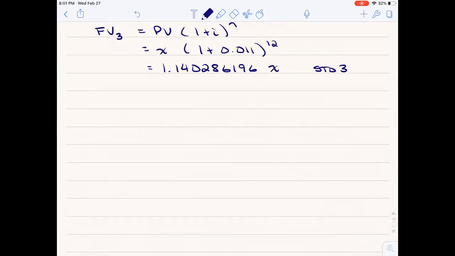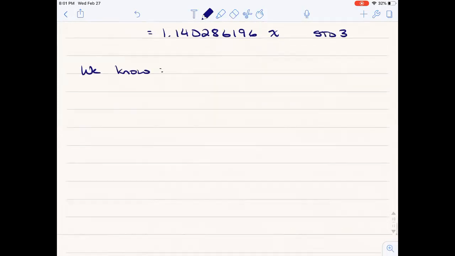So we know x plus future value 1 plus future value 2 plus future value 3 has to equal 10,000.